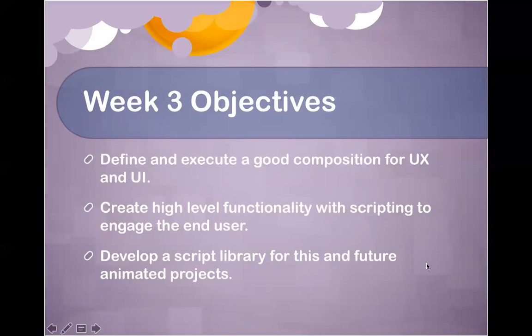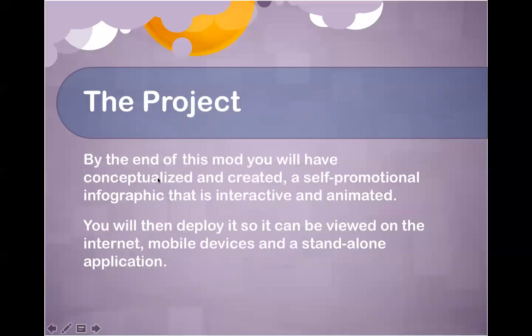We're also talking more about the interface, both UX and UI, and then we're going to start the scripting, and talk more about the script library for this and future animated projects.